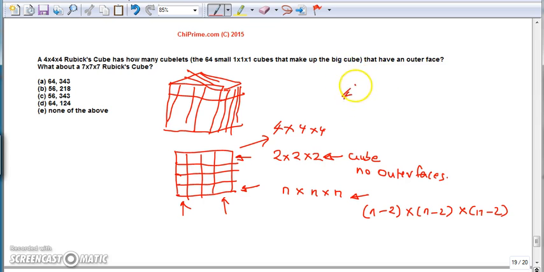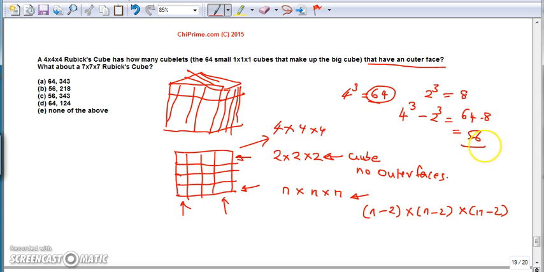So 4 cubed is the total number of cubelets in the 4 by 4 by 4 Rubik's Cube, and 2 cubed, as we've seen here, n minus 2 times n minus 2 times n minus 2, so 8 cubes, have no outer face. We're asked how many have an outer face. So for the 4 case, the number we want is 4 cubed minus 2 cubed, which is 64 minus 8, which is 56.